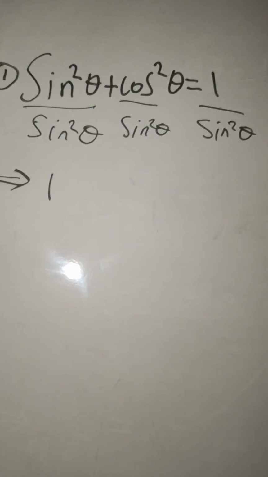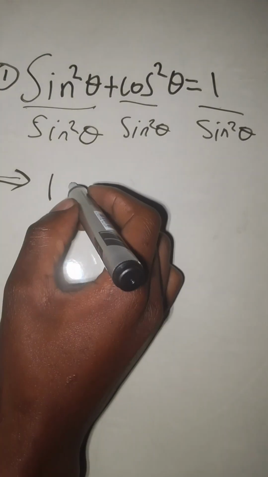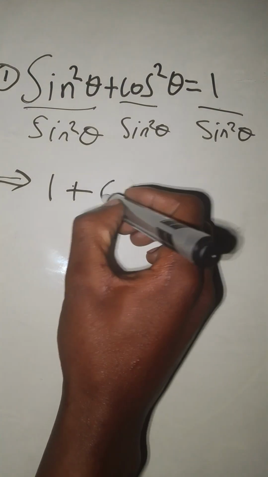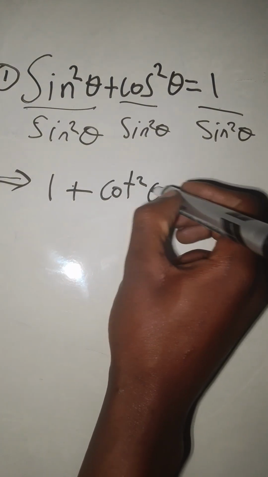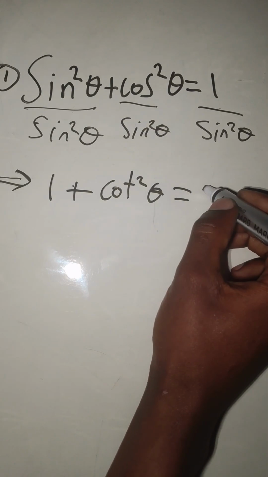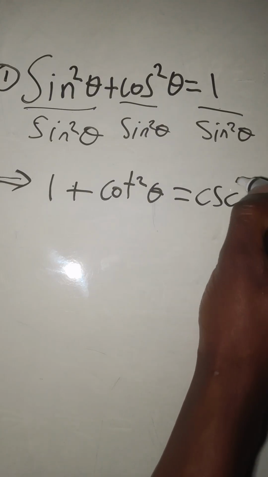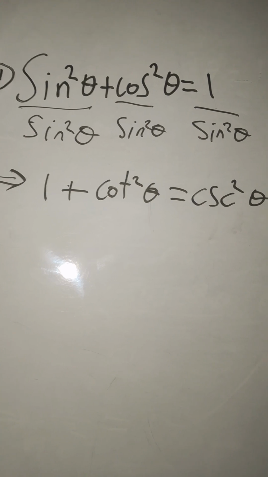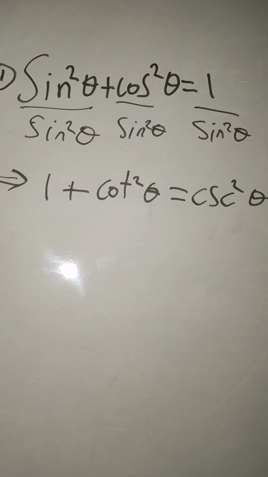Then cosine squared theta over sine squared theta is equal to cot squared theta, because cot and tan are reciprocal functions. And 1 divided by sine squared theta is the cosecant squared theta. Okay, so we have derived this identity.